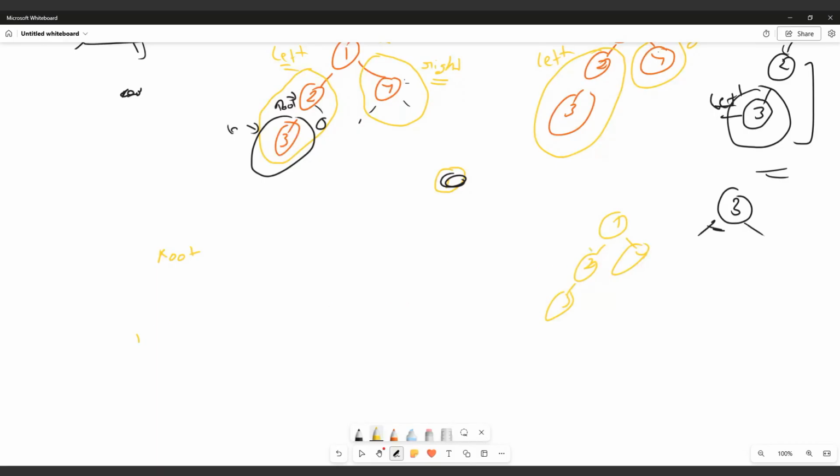Now we are moving towards the left. What is the root of this left subtree? Now again we move left, to the left of the left. Now what did I encounter? 3. What is the root of this tree? 3. Now is there any further left? No. We have reached the end.